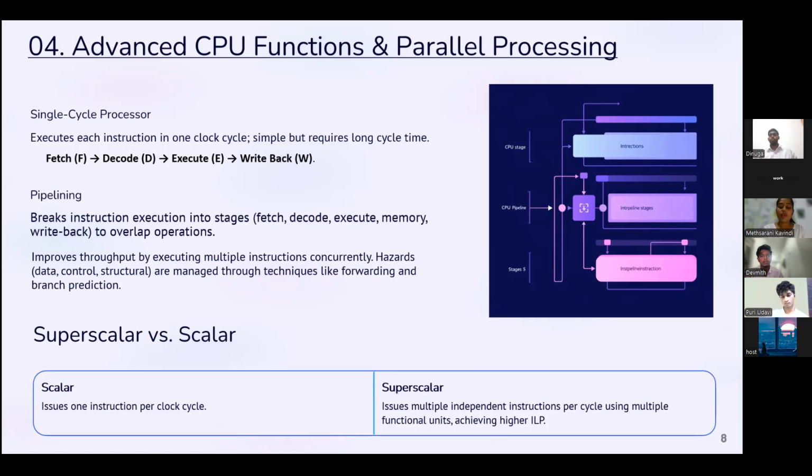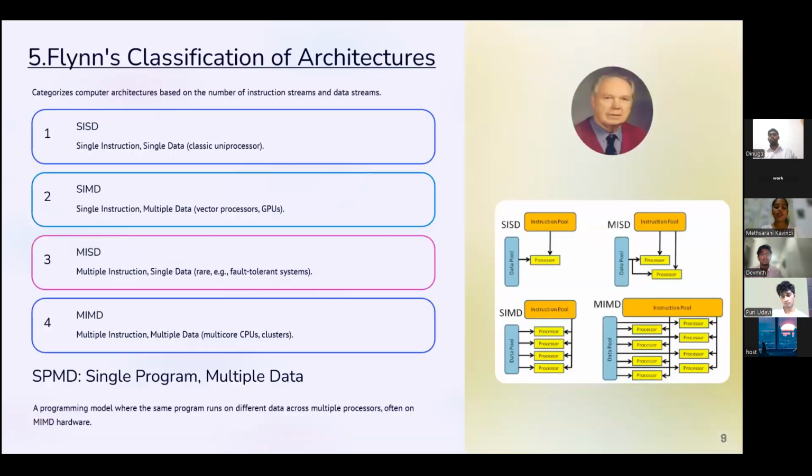Now I will hand over to Devmit to explain Flynn's classification and the real-world examples. Thank you, Ms. Sarani. Now I'll explain Flynn's classification, which groups systems based on instruction and data streams. First one is SISD, which is single instruction, single data. For example, a basic uniprocessor. Second one is SIMD, single instruction, multiple data.